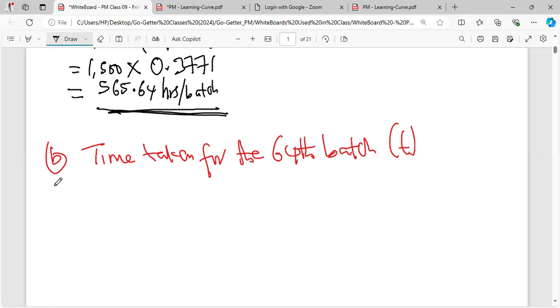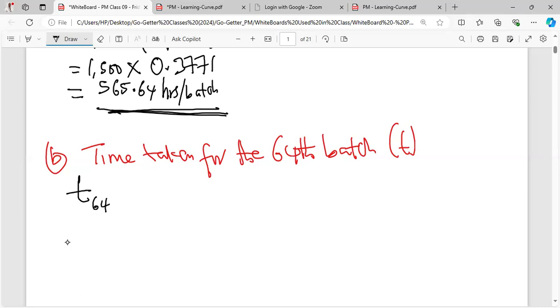So how do you do that? So look at what this thing is asking us to do. This time, which is small t, I'll make it small t, and I'll put something here, 64.